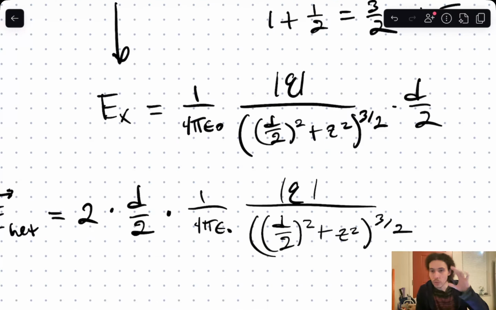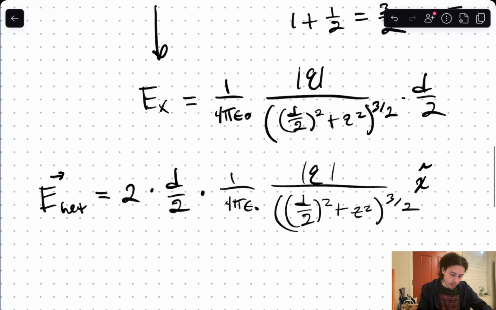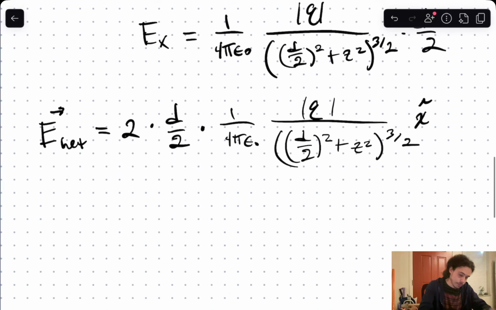And I'm just going to include the component that's actually active, which is the x component, because ultimately our electric field is in the x direction. Sorry, this cancels.